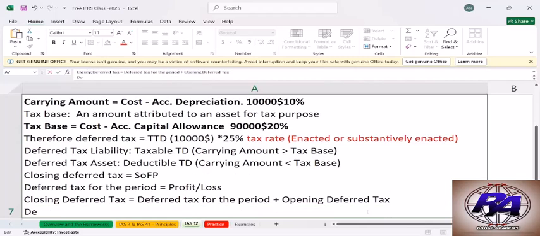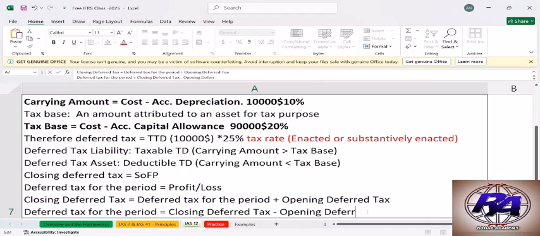So to find deferred tax for the period, it is mostly your closing deferred tax, plus, that's a minus, forgive me, minus your opening deferred tax.